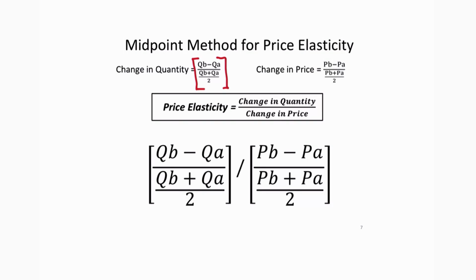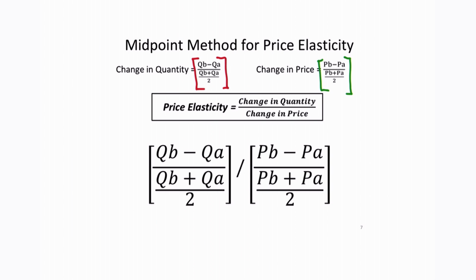Our denominator is going to be the change in the price. So price B minus price A divided by (price B plus price A) divided by 2. So this is going to tell us by how much does quantity change when we have the change in the price. We will use the same formula for price elasticity of demand as well as price elasticity of supply.